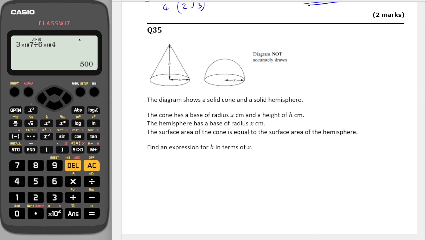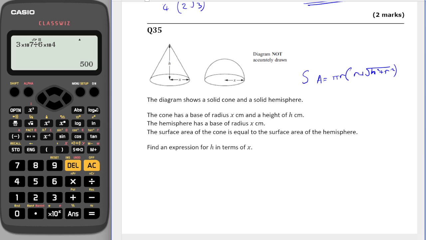So I think the surface area of a cone is going to be equal to pi r times by r plus square root of h squared plus r squared. The total surface area of the hemisphere is a bit more complicated. Well, not really.